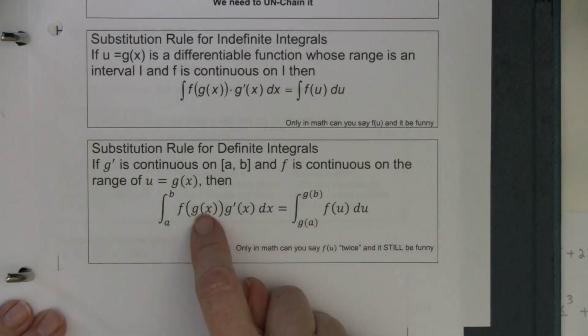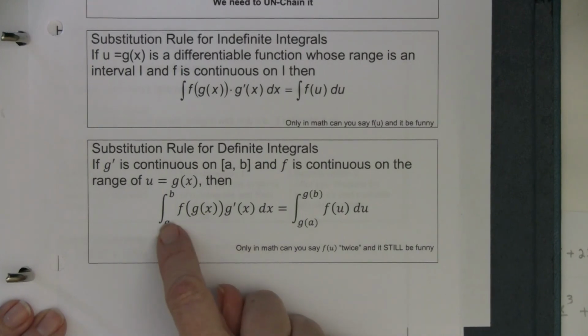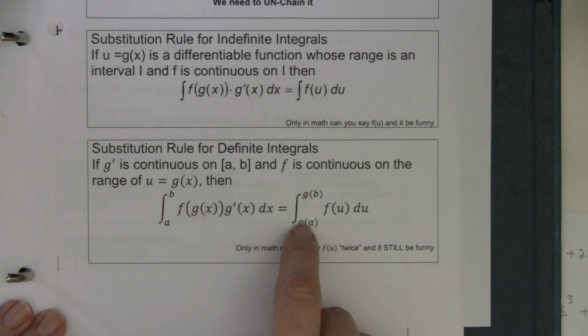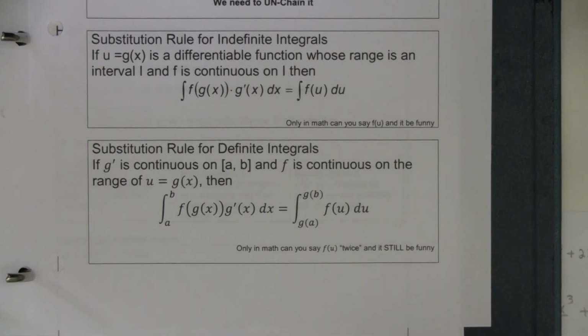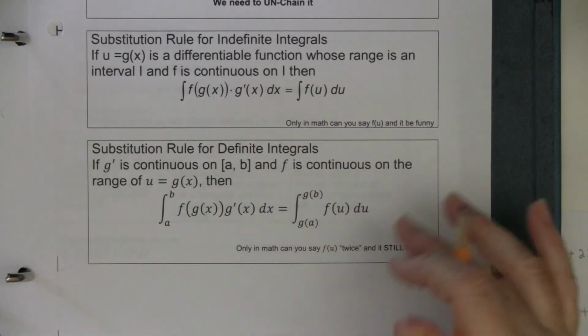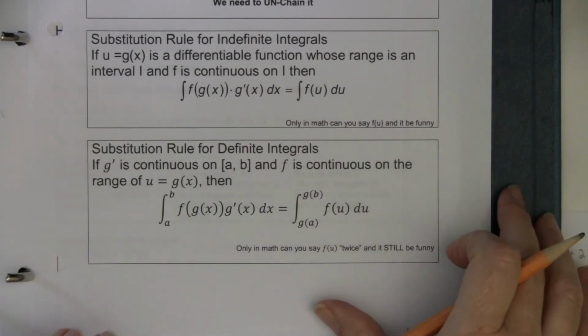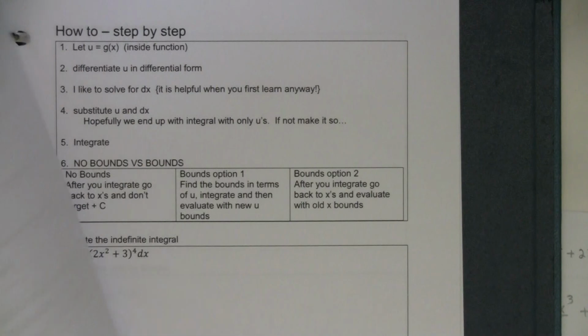Because we let u equal g of x, when we plug in a and b for x, our bounds will be g at a and g at b. That's kind of the story on those, and we're going to practice this. Even though we have these theorems, it's kind of a procedure of how to do it.